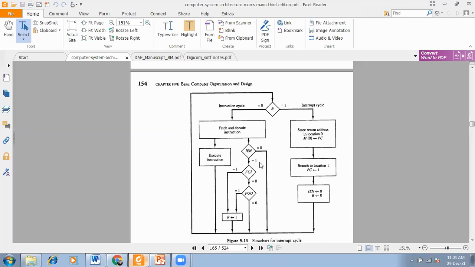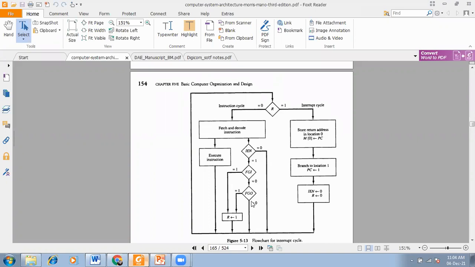Now if the enable input is 0, then you again come here and move to the first position. We'll check R, whether 0 or 1. But if the enable input is 1 and FGI is 1, then you move here, as I told you. Now IN is 1, you came here, FGI is 0, now you have to check FGO.